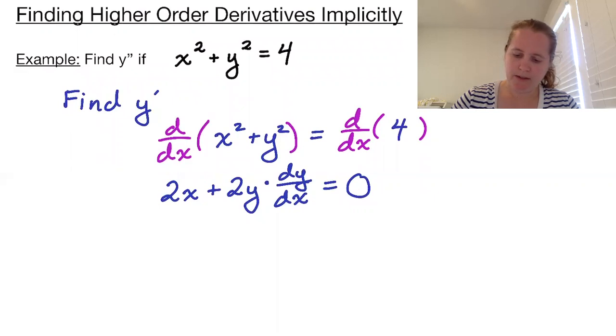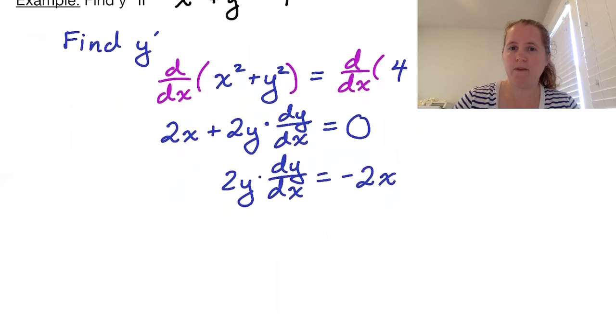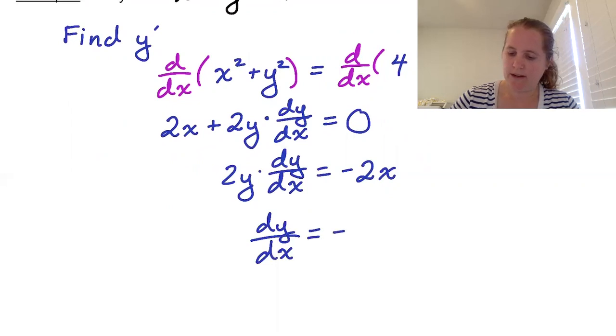And if we rearrange this, we had 2y times dy dx is equal to negative 2x, or dy dx is equal to negative x over y.